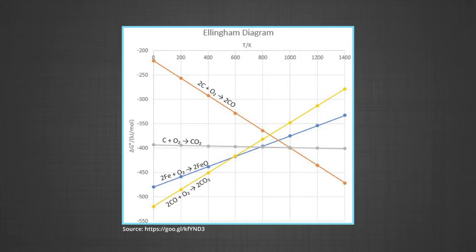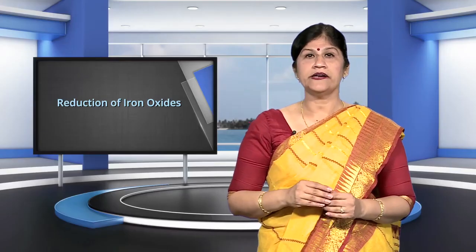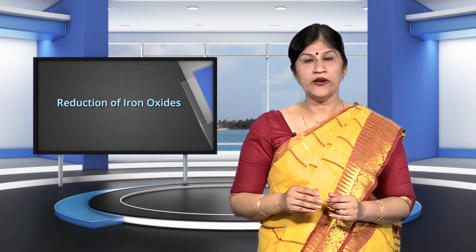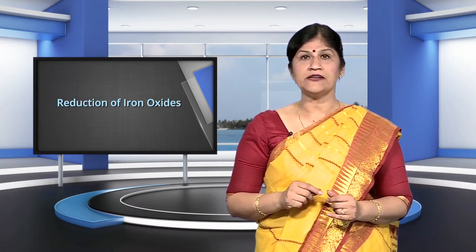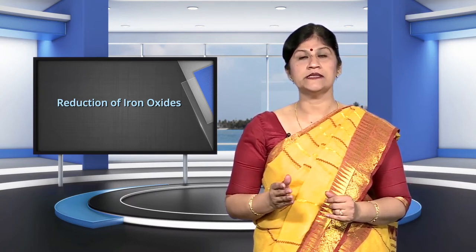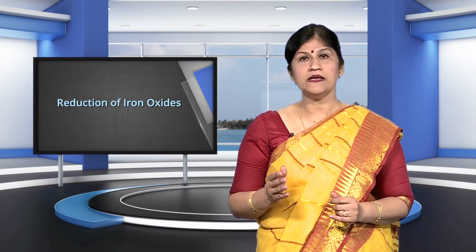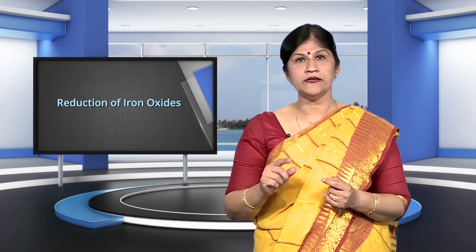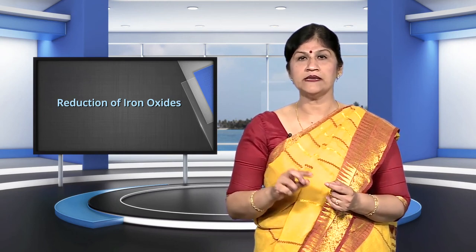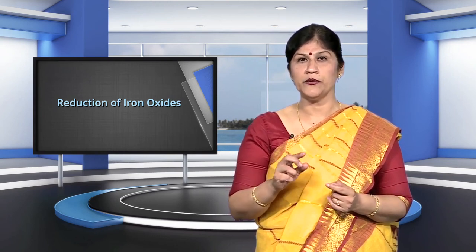So, in this range, coke will be the reducing agent for iron oxide and will itself be oxidized to carbon monoxide. In a similar way, the reduction of Fe3O4 and Fe2O3 at relatively lower temperatures by carbon monoxide can be explained on the basis of the lower lying points of intersection of their curves with carbon monoxide, carbon dioxide curve in the figure number 1.